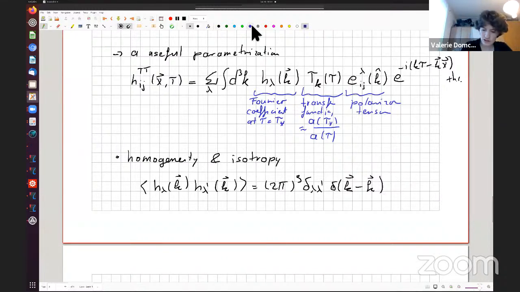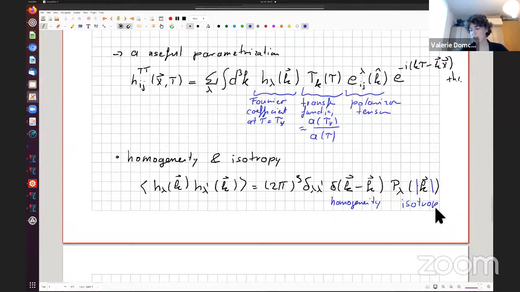And so this translates to this delta function here. This is homogeneity. And then there will be some power spectrum, p lambda, and the power spectrum can only depend on the absolute value of k, and that is the concept of isotropy, which says that the direction of k cannot matter.